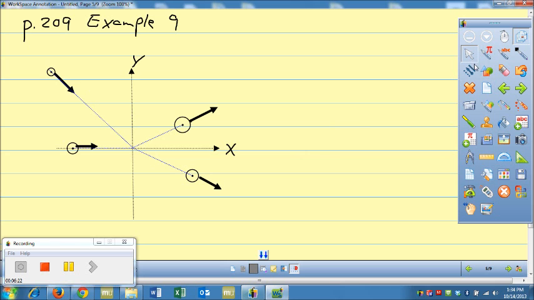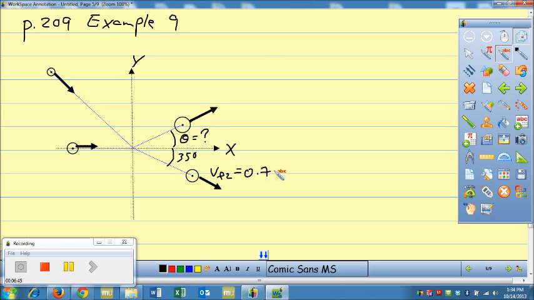So that's our situation. We know a few more things. We're told this is 35 degrees, and we're trying to find this angle here. Theta equals question mark. We're told that this one, which we'll call VF2, is 0.7 meters per second.